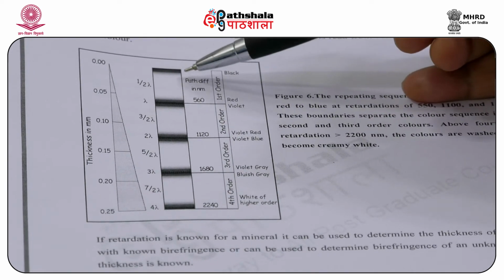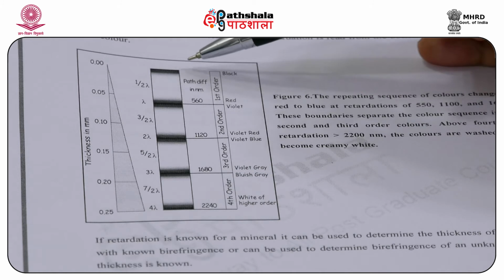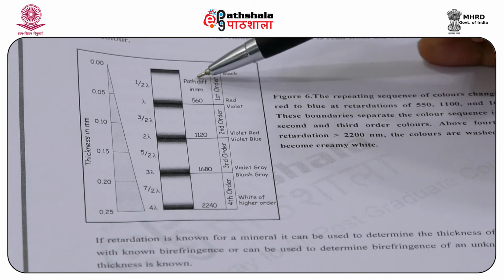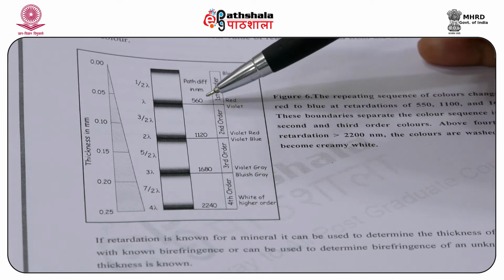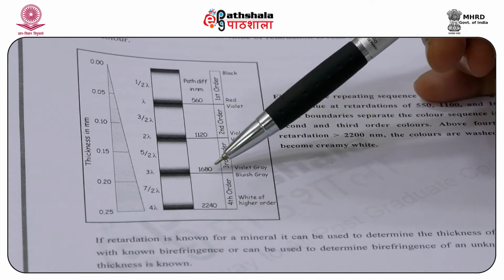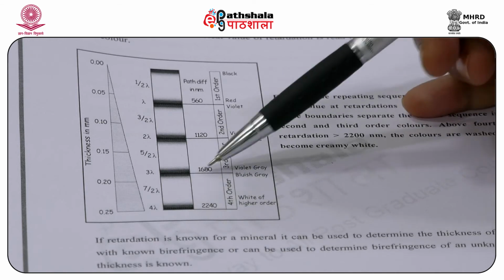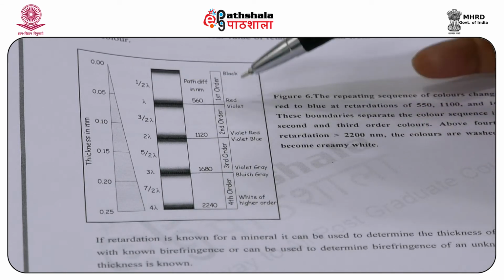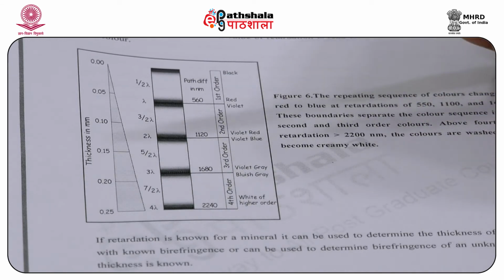Here also you can see a scale wherein we have the retardations marked as 560 nanometers, 1120, 1680 and 2240. All these are zones of darkness, that is where we are seeing no color passing out of the upper polarizer because of the rays being destructively interfered, resulting in no colors.